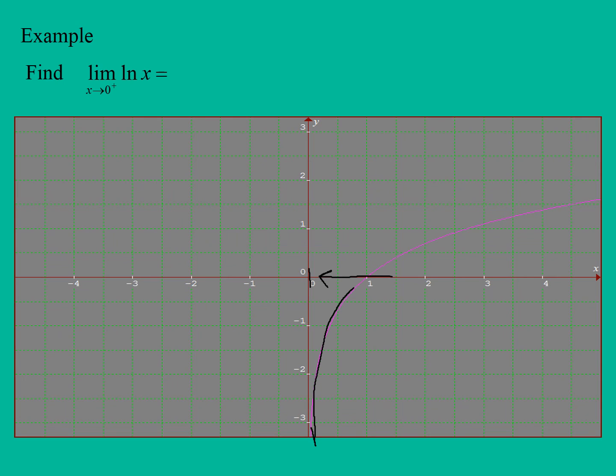We can see the y values are going down like this. And we know with the ln function, ln of x, we have a vertical asymptote at x equals 0. So our conclusion would be the limit of ln of x as x approaches 0 from the right is negative infinity. That is our infinite limit.